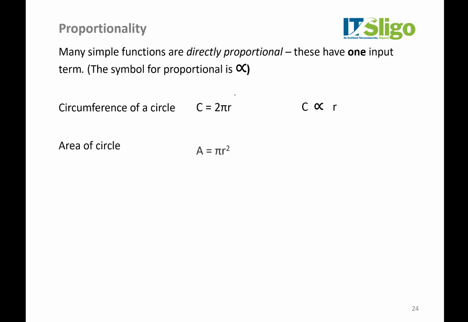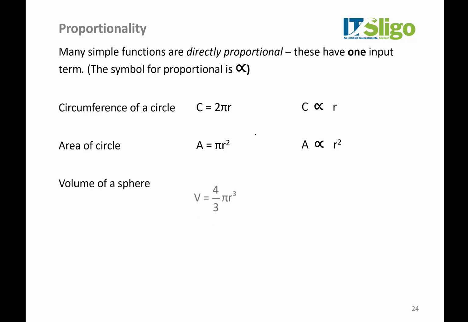The area of a circle, A is pi r squared. Again, there's only one term on this side. It's not pi r squared plus 2 pi r h or anything like that. That's the area of a cylinder. This is just the area of a disk. So now we would say the area of a disk depends on r squared. A is proportional to r squared.